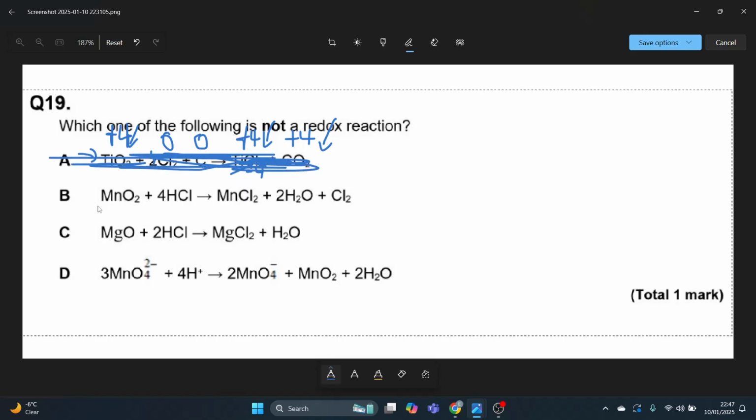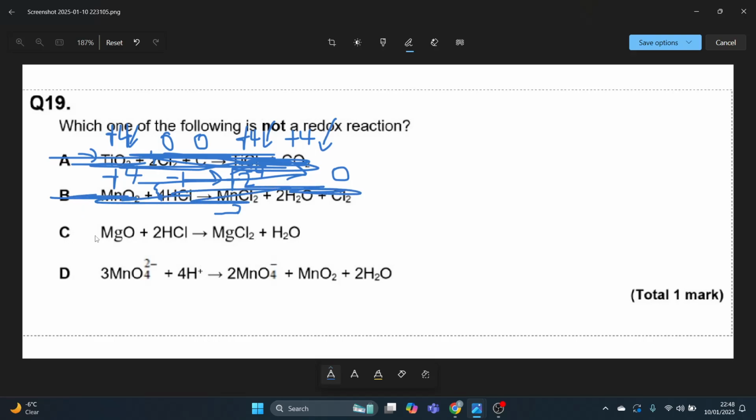MnO2, -4 plus 4, -1 plus 2 times 2, 4HCl. Well, that's 0, and in this case, oxidation state of Cl is -1. So it has gone down, it has gone up. So that is a redox reaction.